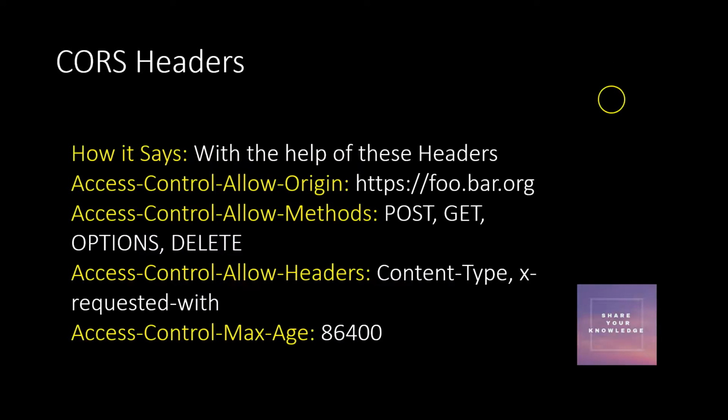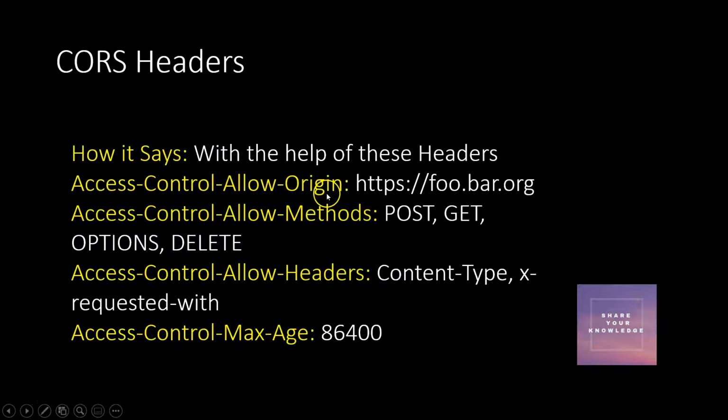So we have these headers. You can see Access-Control-Allow-Origin, Access-Control-Allow-Methods, Access-Control-Allow-Headers, and these tell the browser what all the server supports. Access-Control-Allow-Origin means the server will accept the request from this origin. If it is of the same origin, no issues at all, CORS will never come into play.